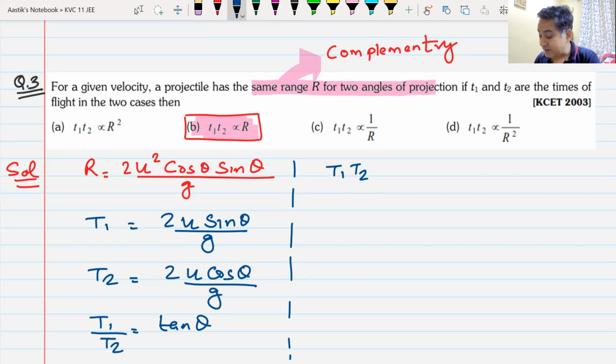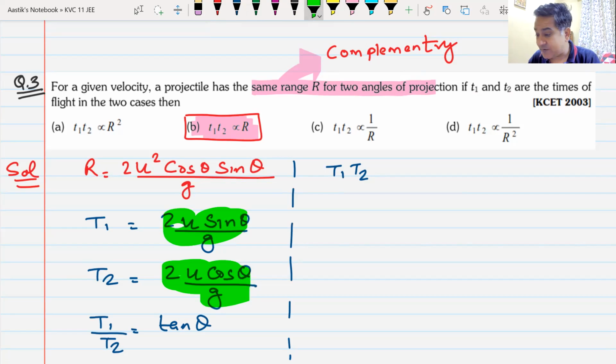So T1 multiplied by T2, you multiply both. So when you multiply both, you multiply this with this. And what do you get? You will end up with 4 by g square, or I will write it in a different form so that you can remember it.